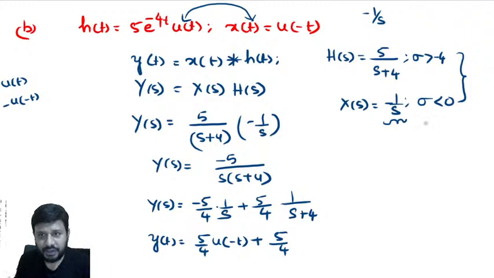What is the inverse here? Because we have to take sigma less than 0 here. Sigma less than 0 means u of minus t, and 5 by 4.